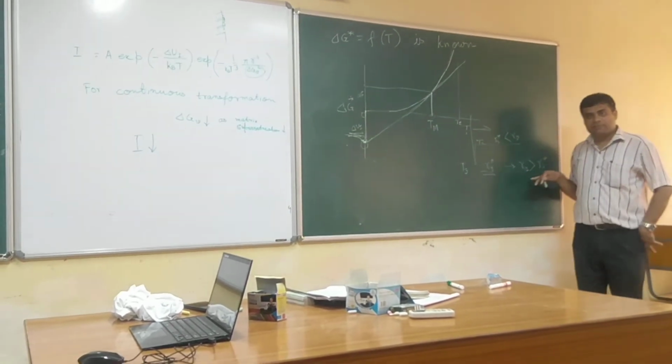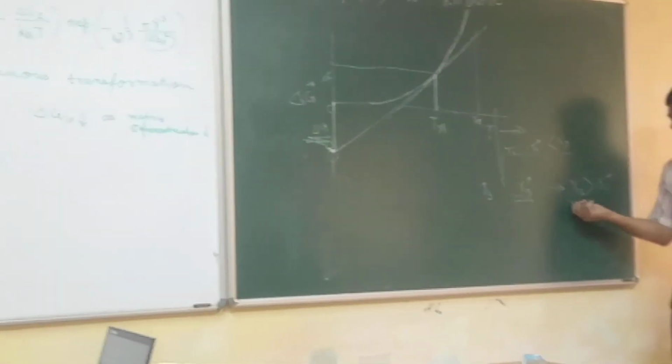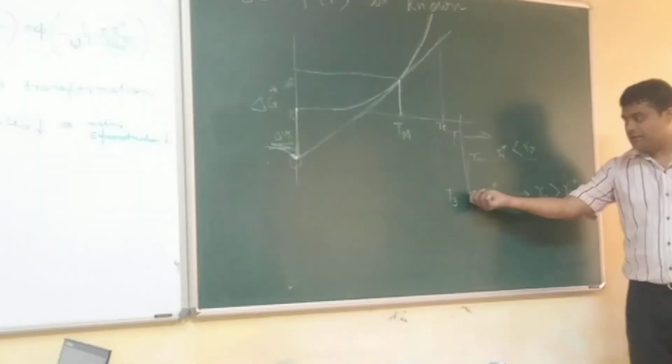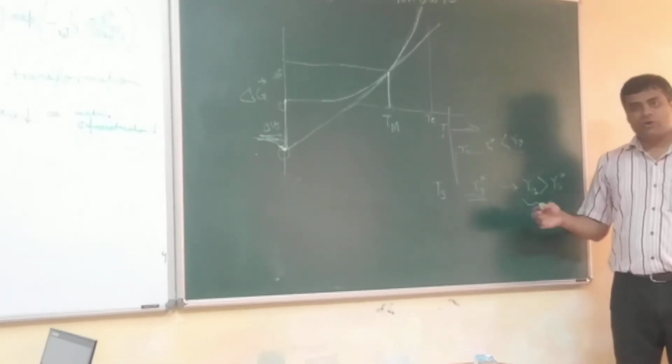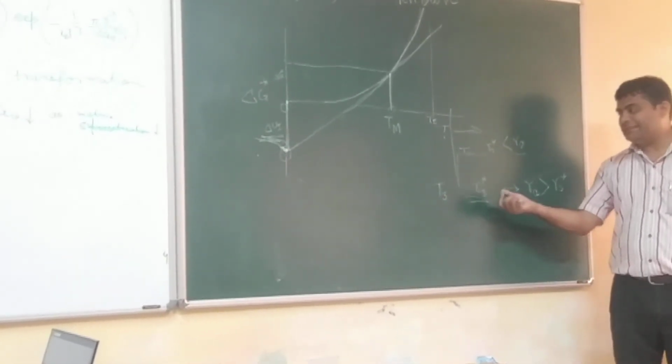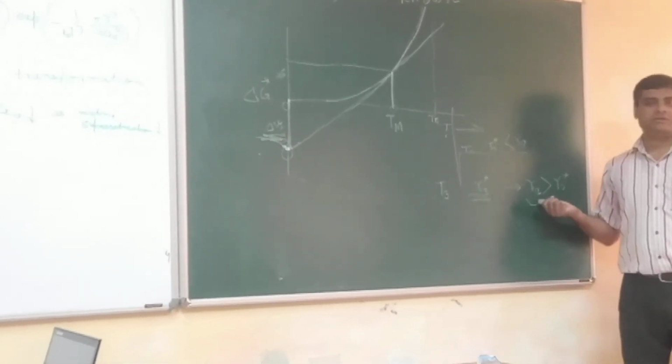RA is the size of the precipitate that you have allowed it to grow after nucleation. You have held it at T3 for certain time. So those nuclei whose critical nucleus size was this, it has grown to a size.